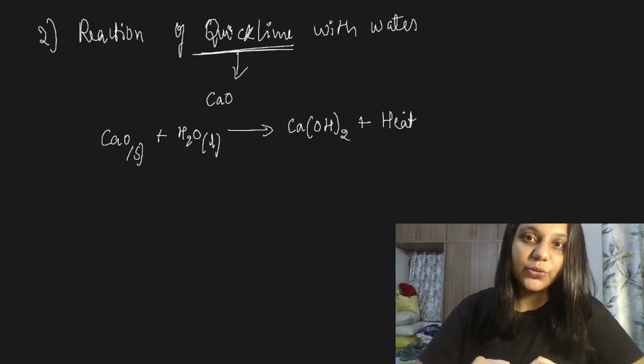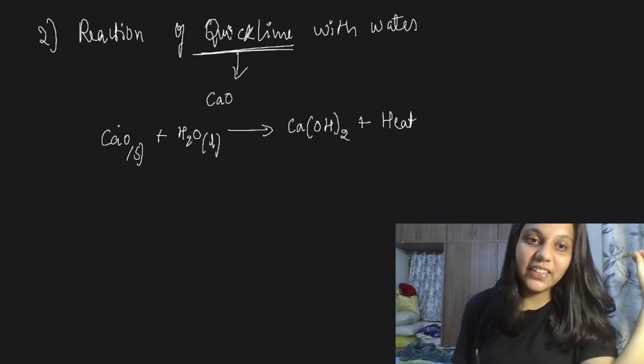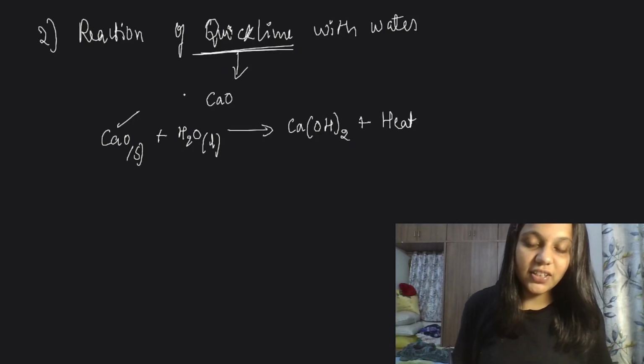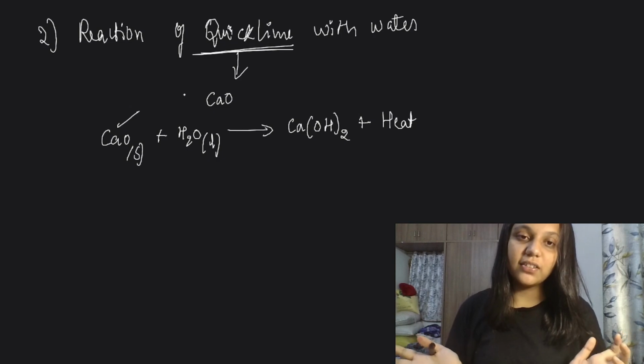Do you remember that? What they did was take calcium oxide in a bucket or any container, add calcium oxide and water into it, and mix it. While mixing, the container became hot.